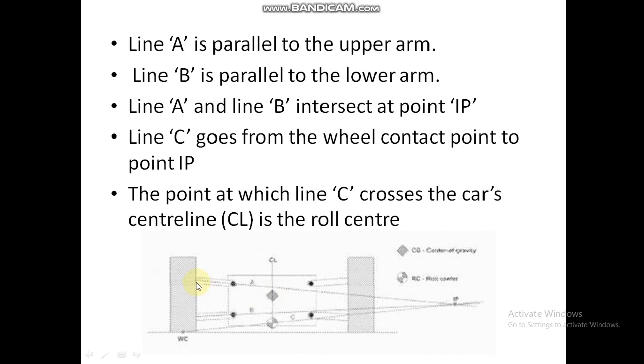Again you can see upper arm line A, lower arm line B, both lines meet at IP, and this is your contact point of the vehicle with the road, and this line C also passes through IP, and this C meets the center of the vehicle, and this point is called roll center. The roll center of the rear wheel and front wheel when joined together becomes the roll axis, and about the roll axis your vehicle will start to roll if it is not stable.